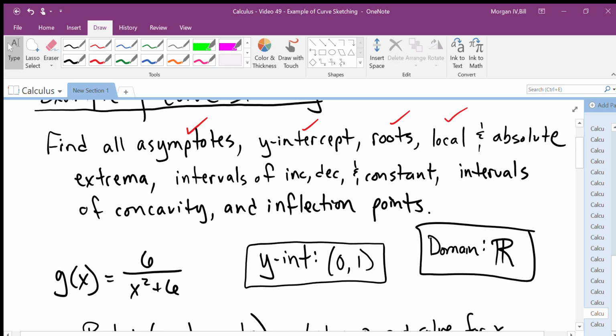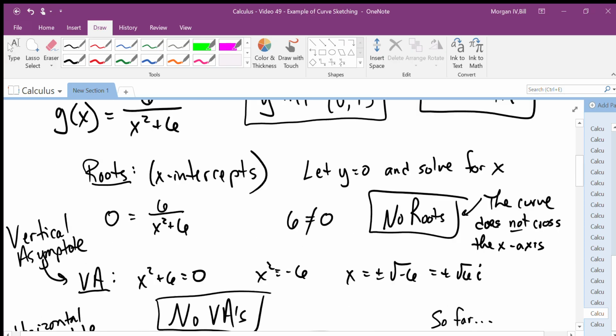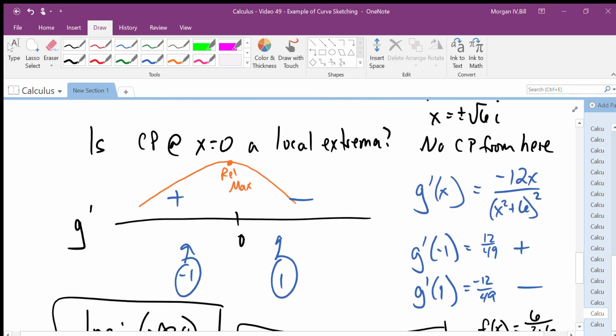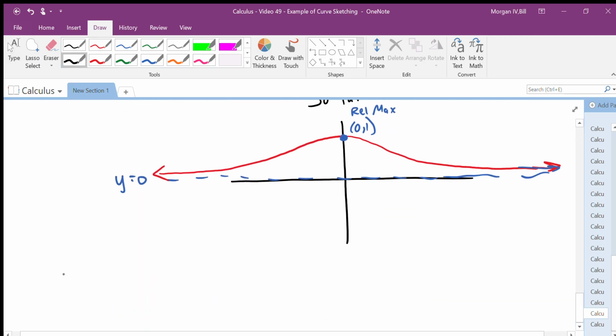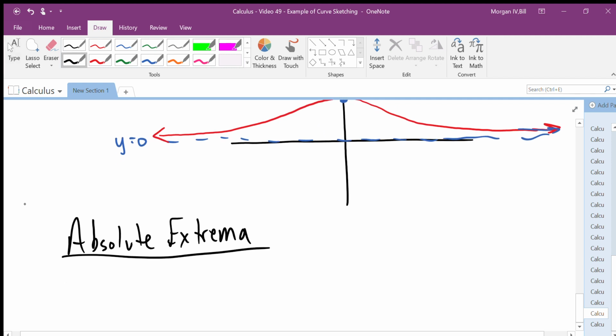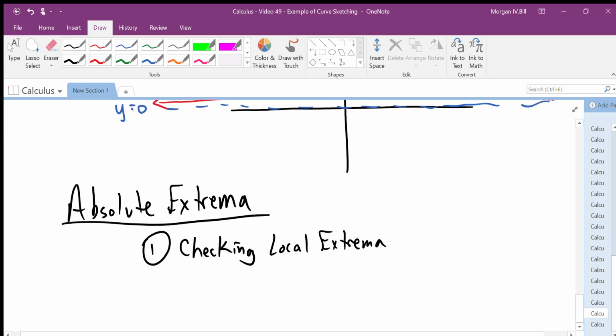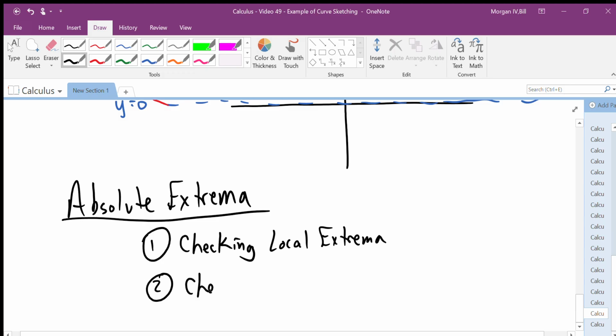We don't have endpoints here, so since there are no endpoints, we just have to check the local extrema. So let's do absolute extrema. And for absolute extrema, we're checking two things. One, the local extrema. And two, the endpoints.